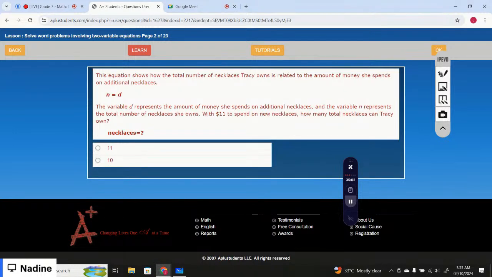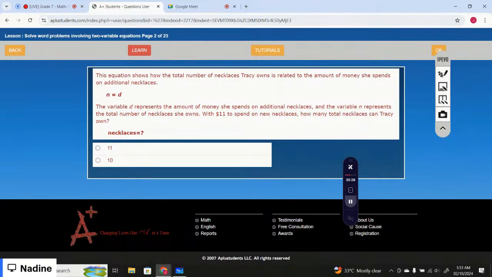The equation shows how the total number of necklaces Tracy owns is related to the amount of money she spent on additional necklaces. N equals D. The variable D represents the amount of money she spends on additional necklaces, and the variable N represents the total number of necklaces she owns.